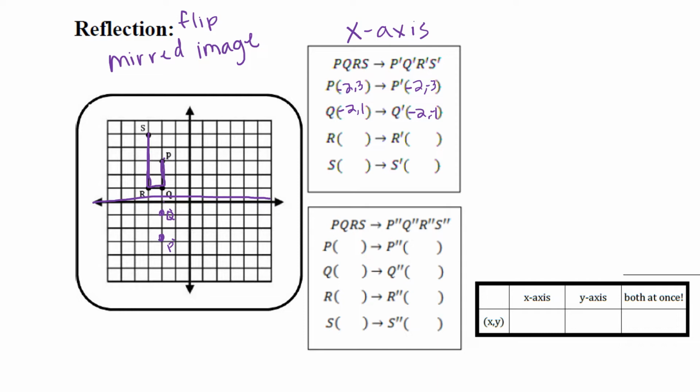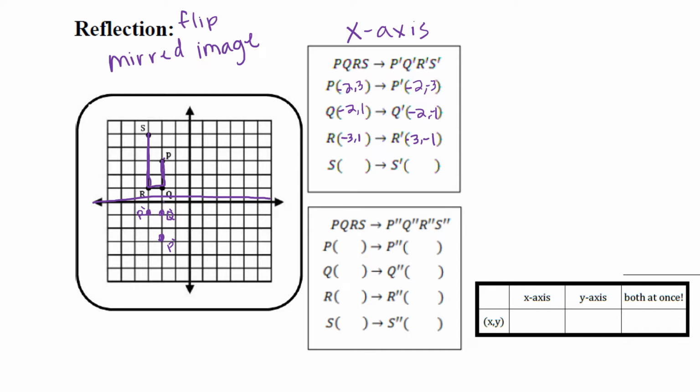Okay, R is my next point. R is the point -3, 1. Okay, and again, since it's one above the x-axis, I need to go one below the x-axis and label that R prime. And the point R prime then is -3, -1.